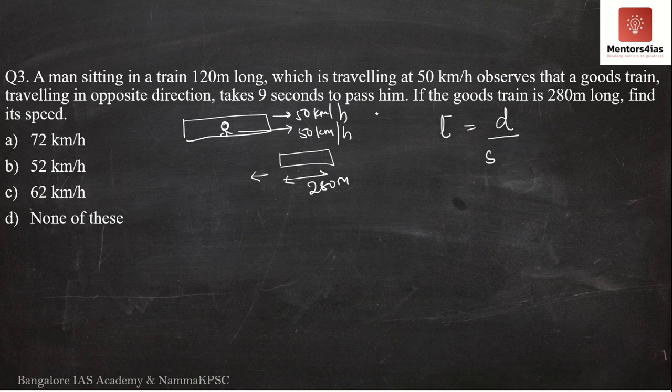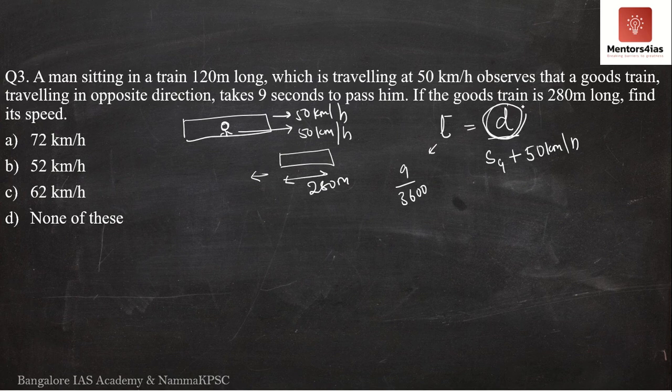Since they are moving in opposite directions, we have to take the sum. We'll take the speed of the goods train, that is SG, which we have to find out, plus 50 kilometers per hour, which we already know. T is known. T is nothing but 9 seconds, nothing but 9 divided by 3600.